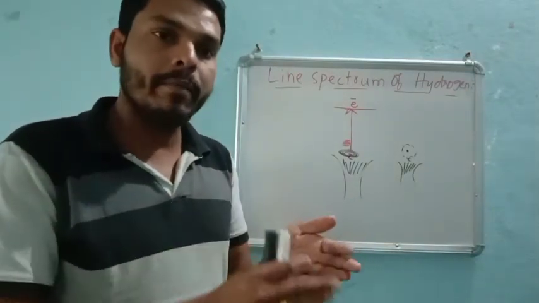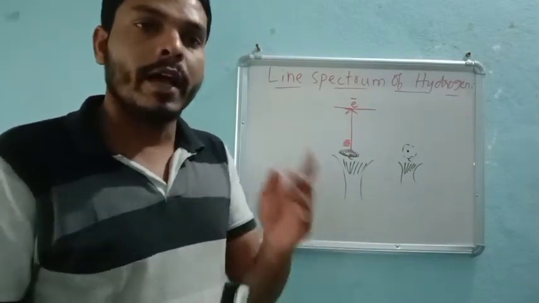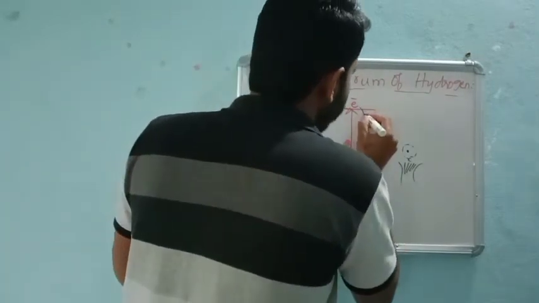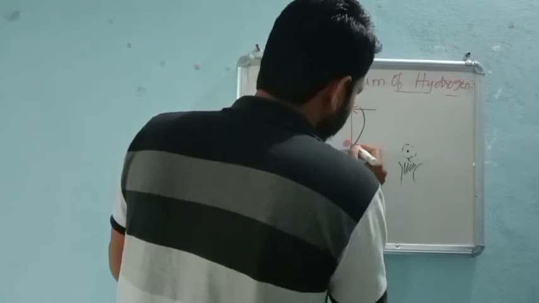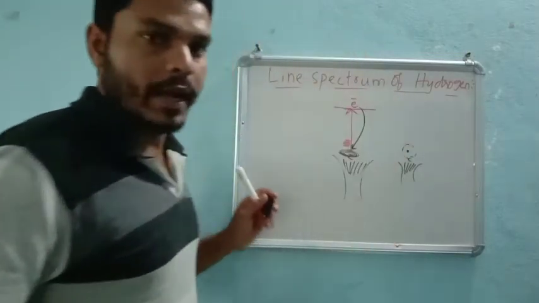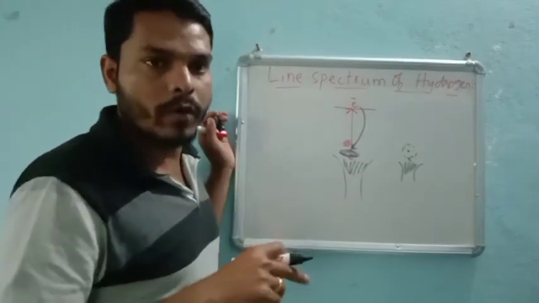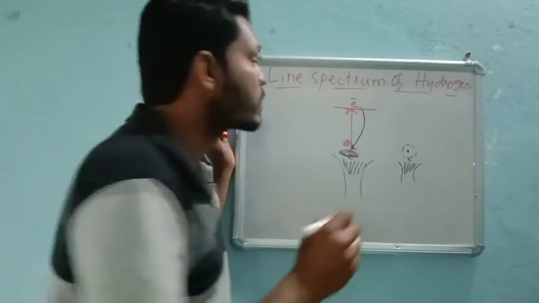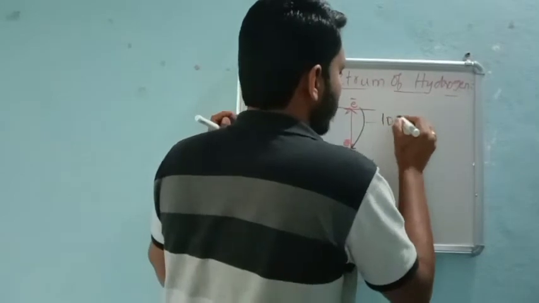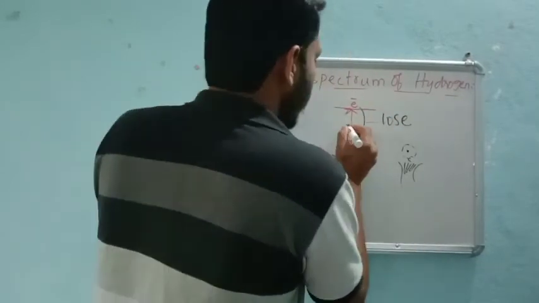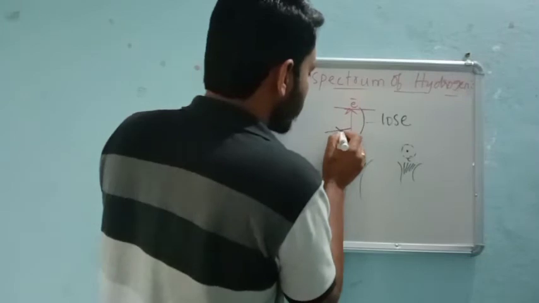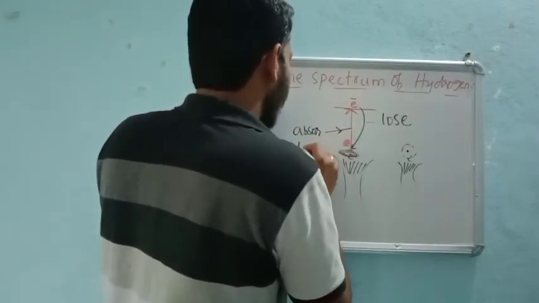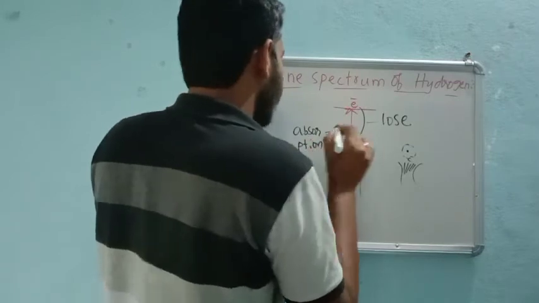After some time, it loses its energy and tries to come back to its ground state, like this. According to Bohr, when the electron comes back to the ground state, it loses energy, that is the loss. And the absorption of extra or external energy.